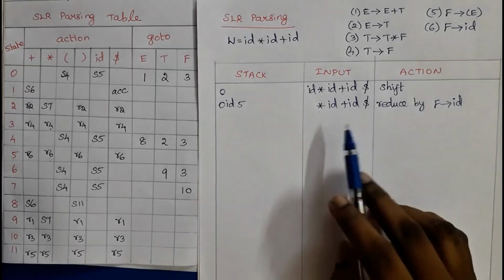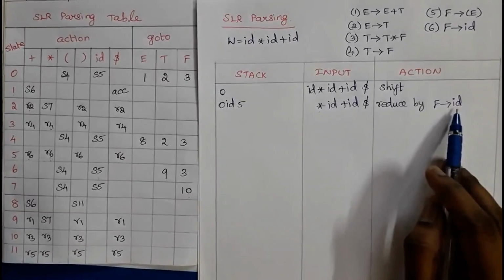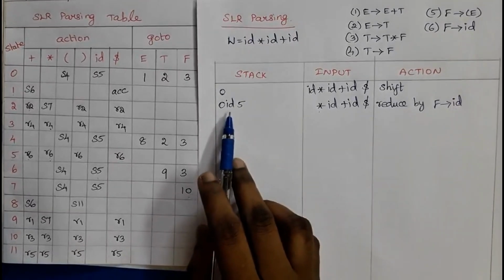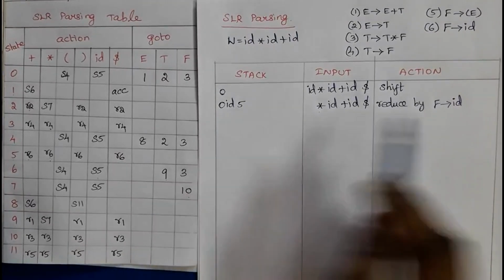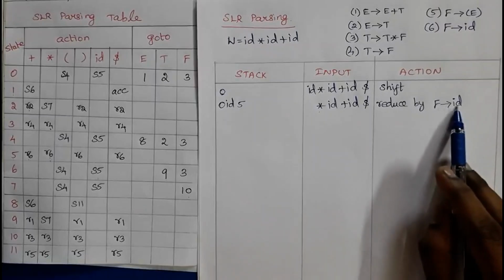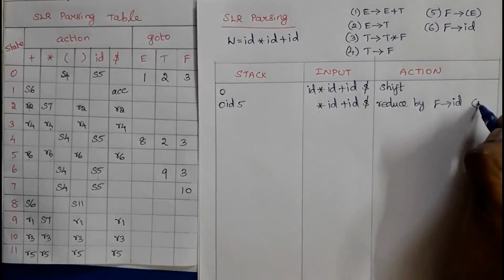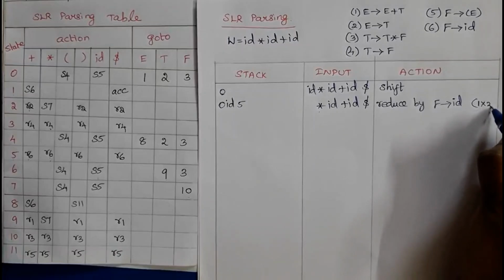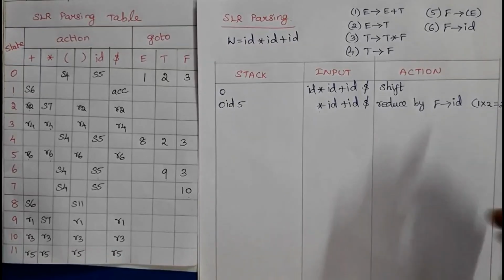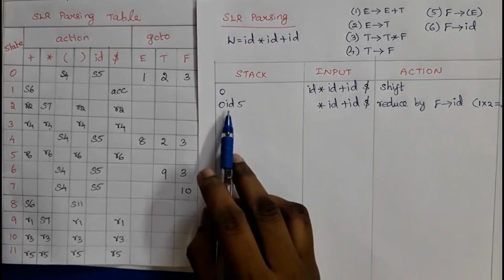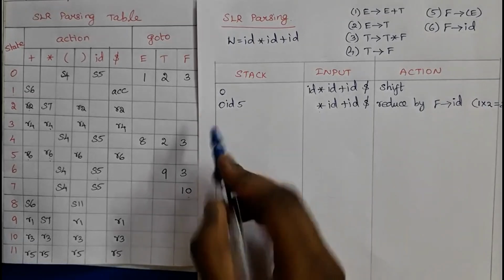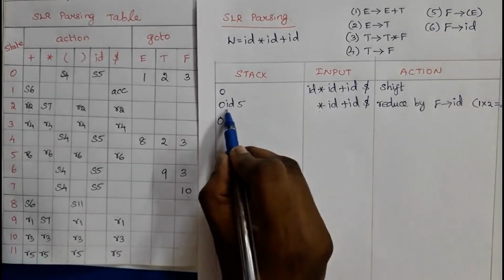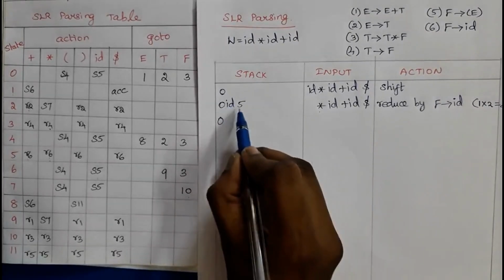But in SLR parsing tables, the grammar symbols come along with the state. So first we calculate the length of the right hand side of the production. Here the length of id is 1, then multiply it by 2, so we get 2. That means we need to pop two symbols from the stack: id is one symbol, 5 is another.